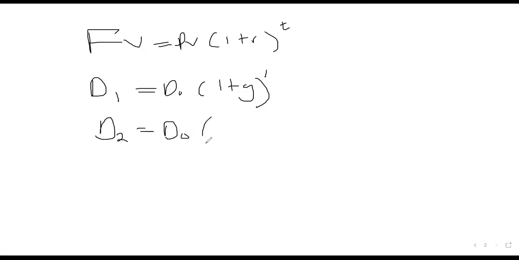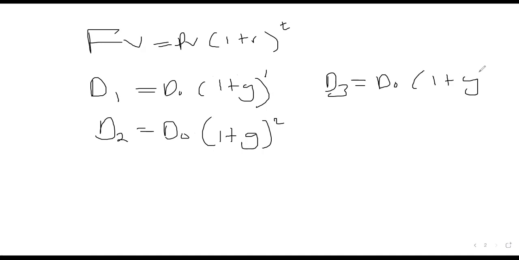If we're going to use D2 based on the first year, the power will be 2. If we use D3 against D0, the power will be 3. But again, you can have D4 against D3, and the difference in the power is 1. So this is the power 1.